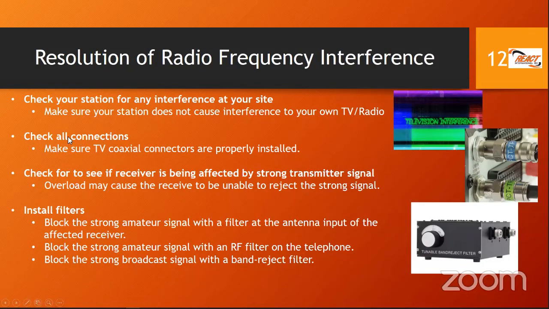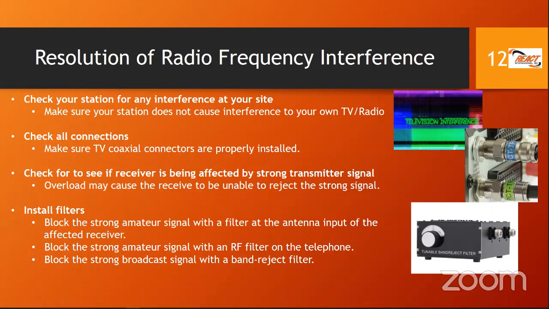The other thing you can do is check all your connections. For instance, the television itself, maybe the coaxial cable at the back of the TV is loose, or maybe it's not properly made, and that is causing signals to interfere. So that's the other thing you can do, check all of your connections. Always verify. As an amateur radio operator, when you connect your equipment together, one tip is every now and again, double check your connections.